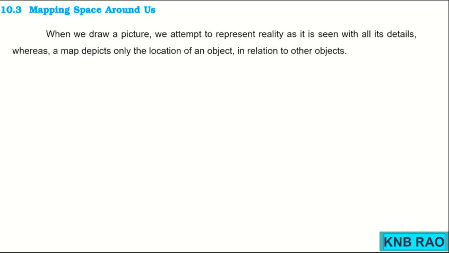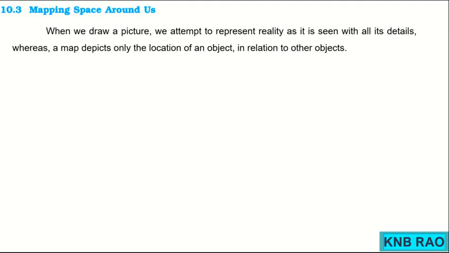When we draw a picture, we attempt to represent reality as it is seen with all its details, whereas a map depicts only the location of an object in relation to other objects.